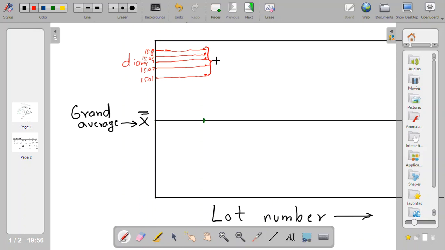The average will be one point, obviously. So this is lot number 1.